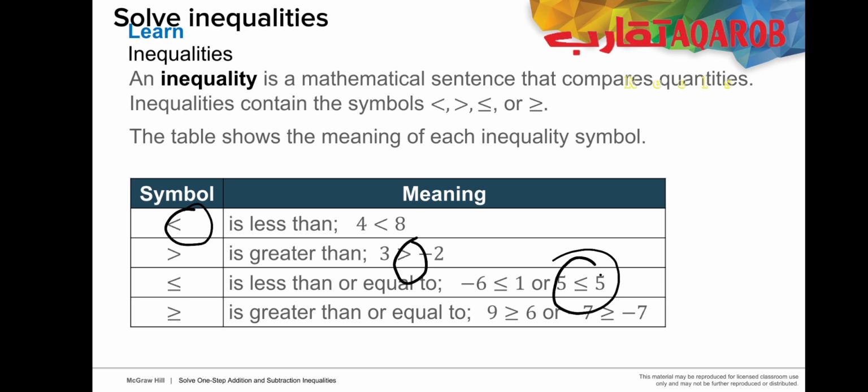Now, 5 is less than or equal to 5. I can look at the second part of the inequality, which is equal to. And we have negative 6 and 1, which is actually less than. So with symbols like less than or equal to, or greater than or equal to, I can compare two same numbers or two same integers with each other.